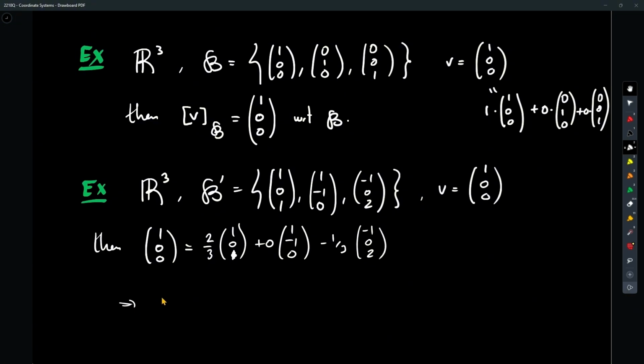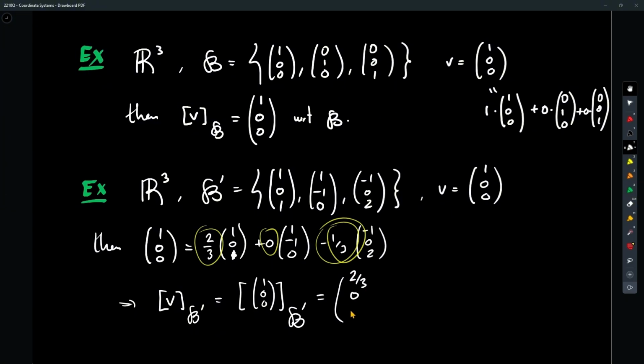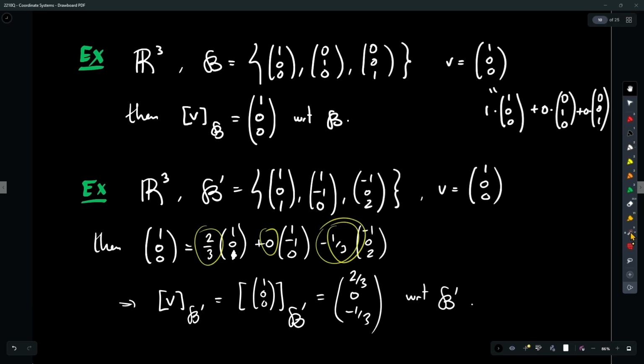So what that tells me is that the coordinates of (1, 0, 0) with respect to this new basis B prime will be (2/3, 0, -1/3). So these are the coordinates with respect to our new basis. And that allows me to talk about every vector, but with a different coordinate system.